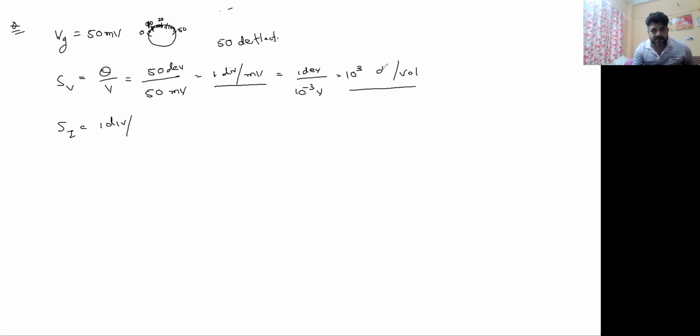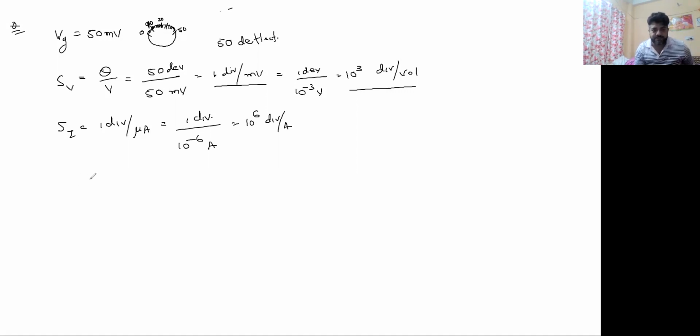So one division per microampere. What do you mean by that? One division by 10 to the power minus 6 ampere, which means 10 to the power 6 division per ampere. You understand the pattern? Yes, sir.